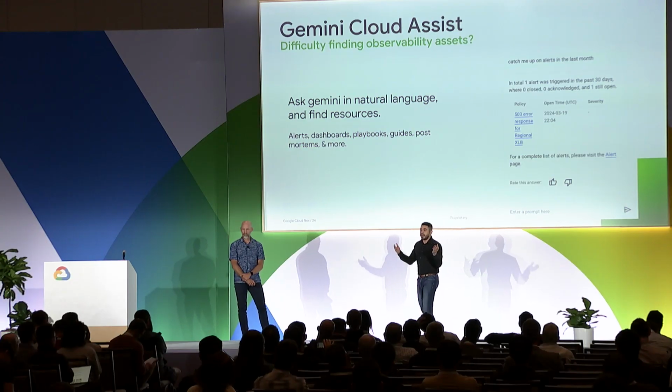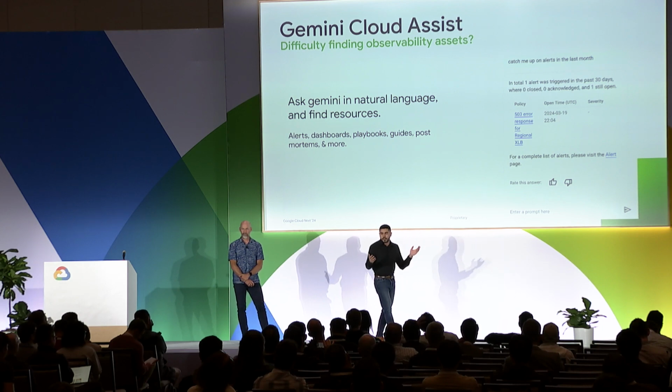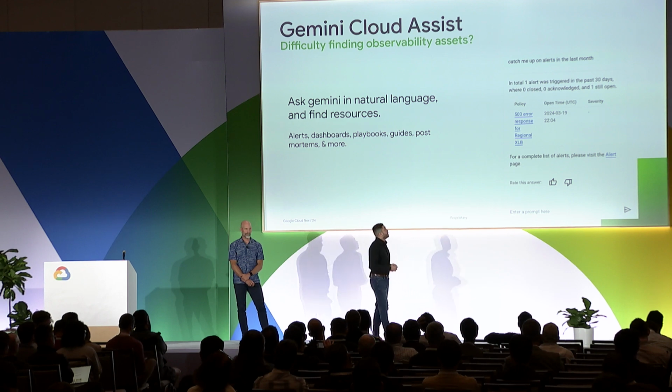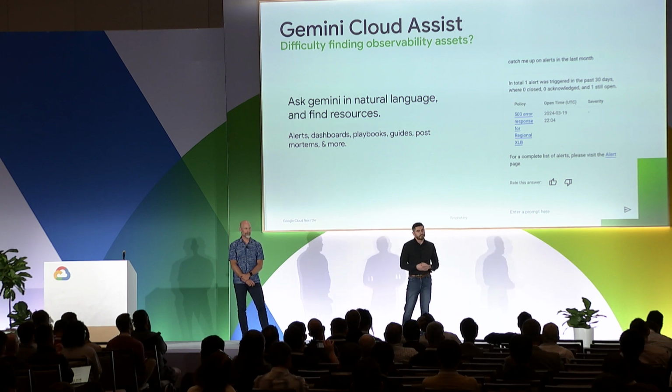You don't care about their alerts and dashboards as much, unless maybe they are a dependent service to you. In that situation, you can use Gemini to access the resources you're not familiar with really quickly. In this example, we're asking Gemini about alerting information that may exist within another team. So, catch me up on alerts, and Gemini is able to respond with the previous alerting information.